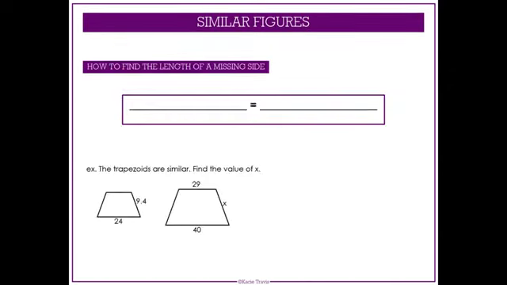Let's go. All right. How do we find a missing side? So, at the top of this fraction, I want you to put the words missing side, or in the parentheses, variable. So, our missing side we're going to have as an x. Underneath it, we're going to have the length of its corresponding side.